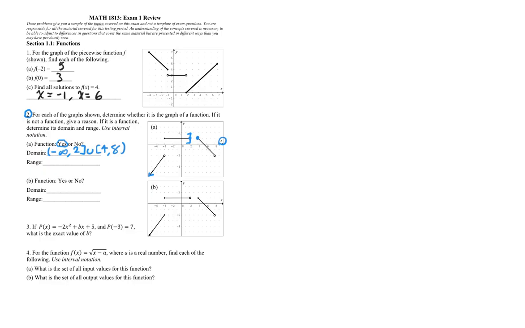And now the range of this function is the y values that we're defined for. So again, we have an arrow pointing down, so we're going to start at -infinity.